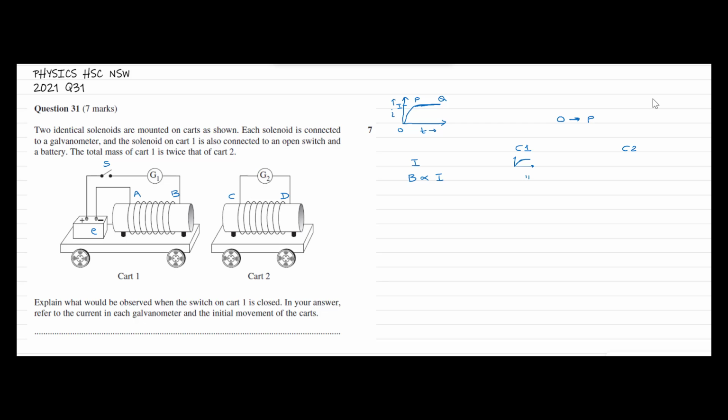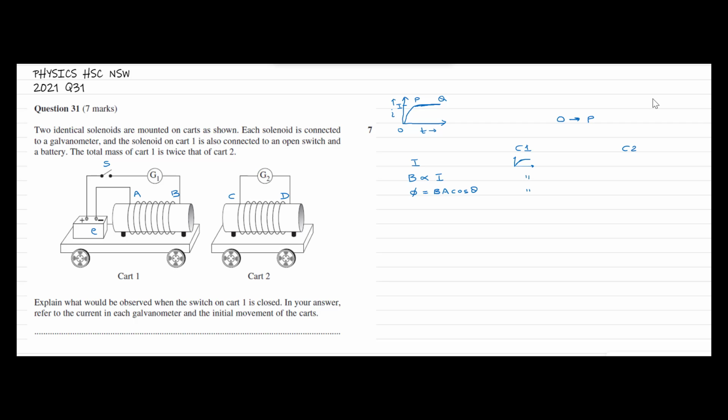And then what happens to the flux? You remember phi is given as B dot A, which is BA cos theta. From this expression, we know that phi is directly proportional to B. Therefore, the flux will also increase in a similar fashion, from 0 to a steady value. This observation holds for current, magnetic field intensity, and also for the flux.